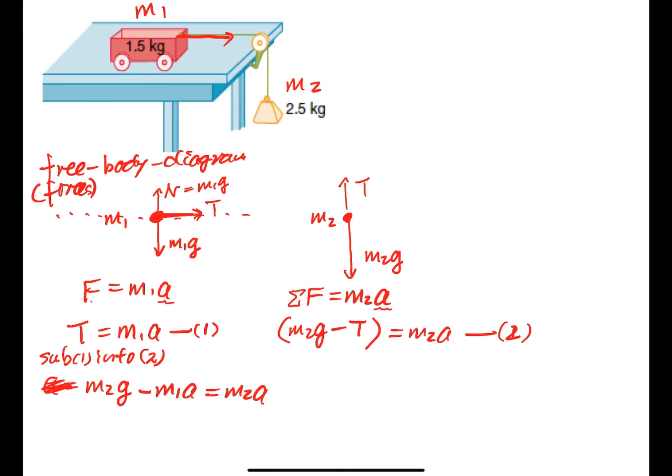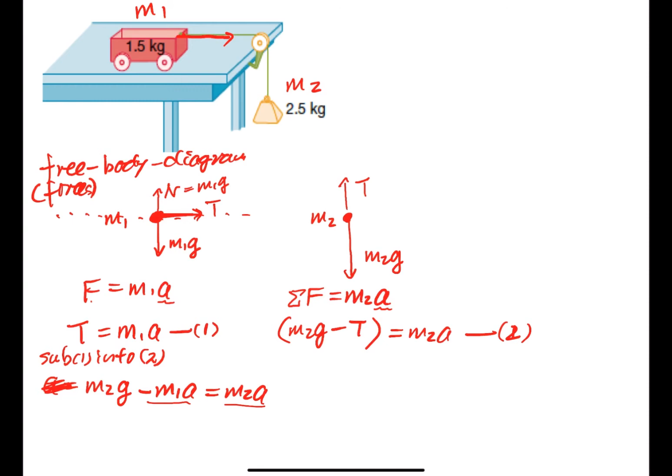Now, don't forget your aim. Your aim is to find a. So highlight the terms which have a: this term and this term. What's the strategy? Once you highlight the terms with the unknown you want to find, you group the terms. It doesn't matter which side.